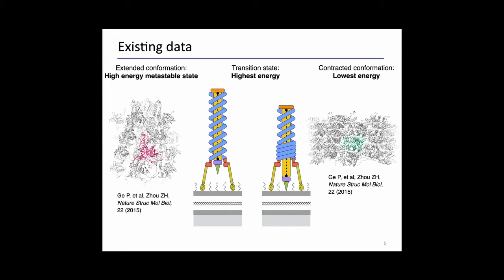Now, what do we know about the structure? We actually know the structure of the particle in the extended and contracted states, so we know the structure of both ends. Not quite the two states of the base plate, but the sheath and the tube we know for sure. This is thanks to pretty extensive and heroic work by Peng Ye and Hong Zhou.